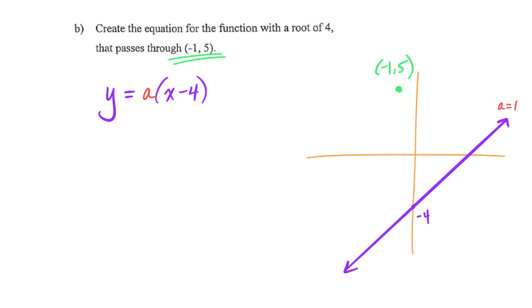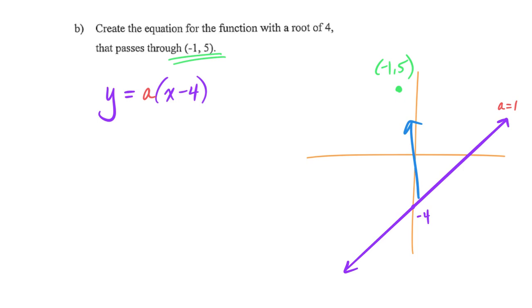So what I need to do is build the equation that's going to go through that point. Now, a couple quick things. You may, in your quick thought, go, hey, well, why don't I just shift that graph up so that it goes through that point?